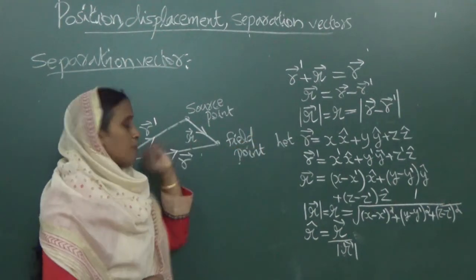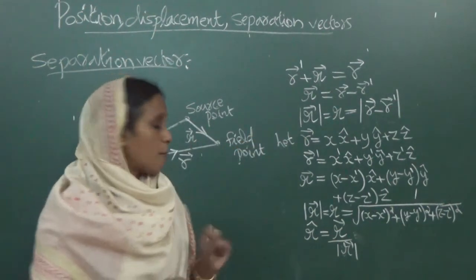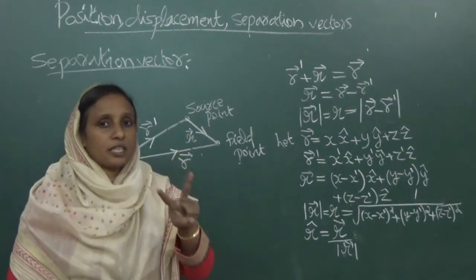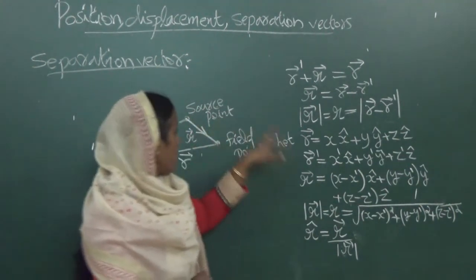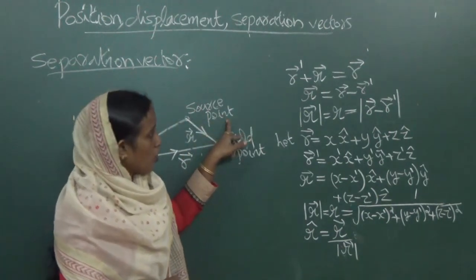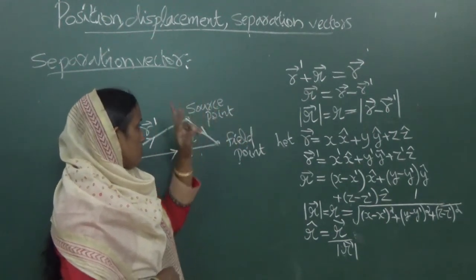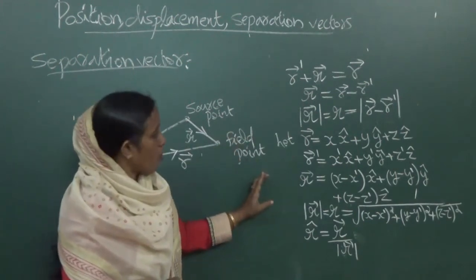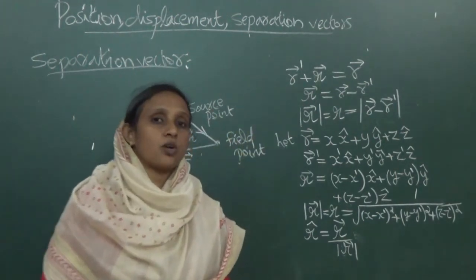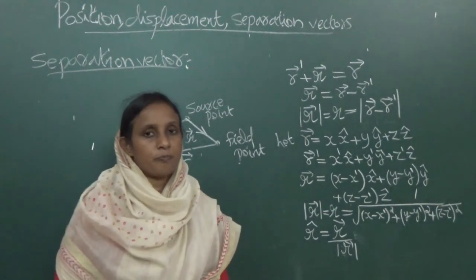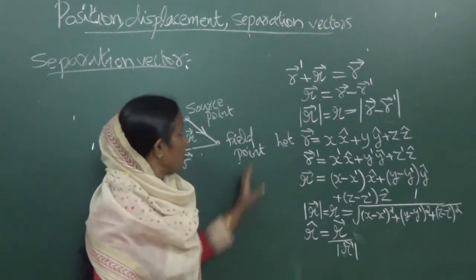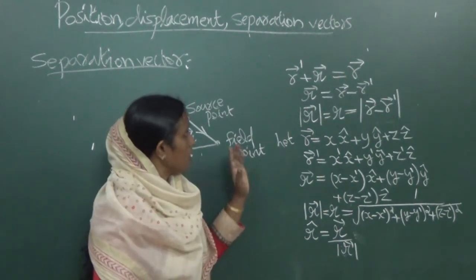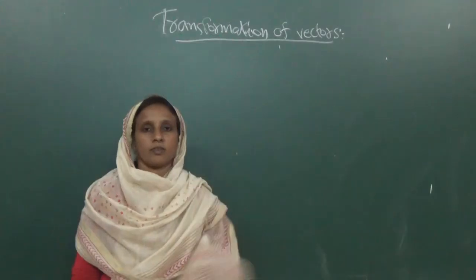This script vector is not a position vector, but a separation vector. It separates two position vectors: the difference between the position vector of the field point and the position vector of the source point gives you the separation vector. I think you have cleared all these concepts very well.